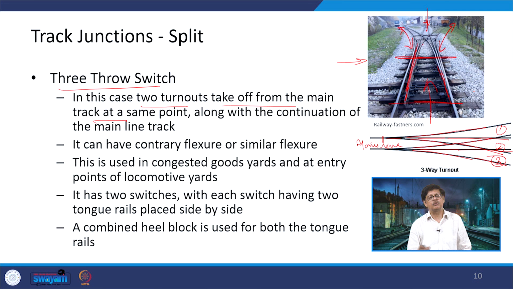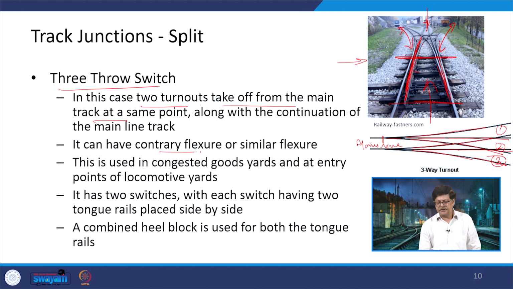So the gaps are created in this form, and in whichever direction the train has to move, accordingly it will happen. If it has to go straight, then this will come out. So you will have the movement on the straight one, and similarly here also the movement on the straight one.